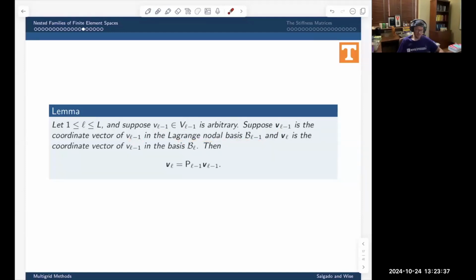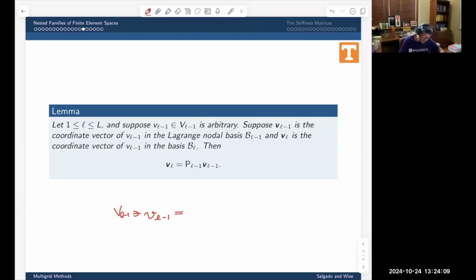I hope everyone gets this understanding. When I have a function in V_{L-1}, and I have a basis for that space, then I have a coordinate vector. The coordinate vector is just the elements in the representation. So we have this function v_{L-1}, and that guy is an element of capital V_{L-1}.